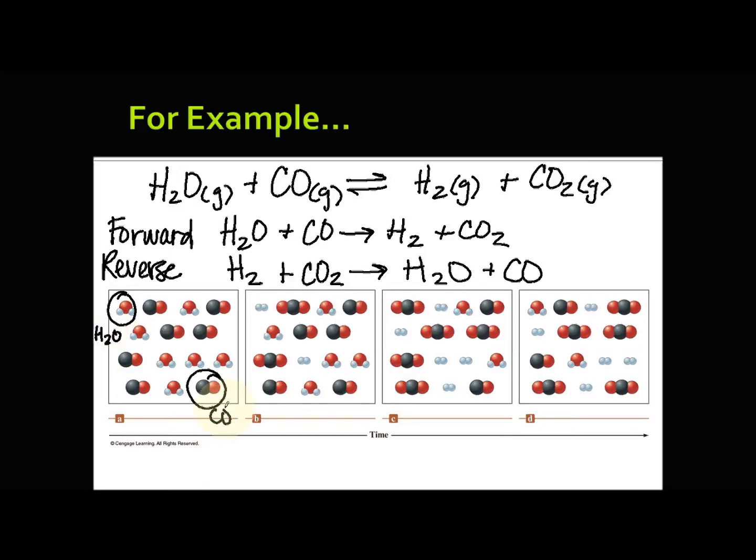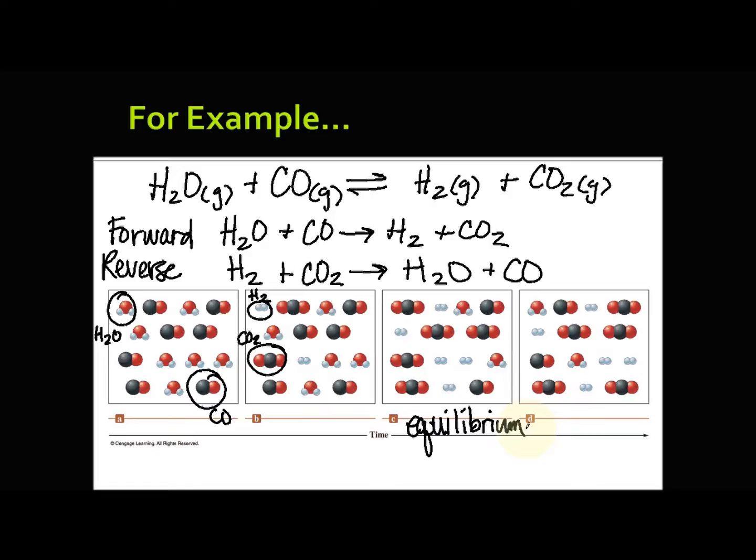After some time, they start forming the products, so now we have H2 and CO2. When the products start to form, things are changing inside of the vessel, but at some point, equilibrium is reached. Picture C shows equilibrium, where it's pretty constant, and from then on, once it reaches equilibrium, the numbers do not change.